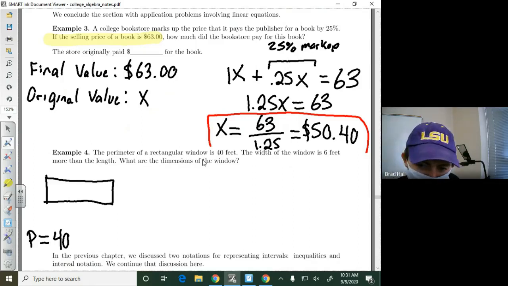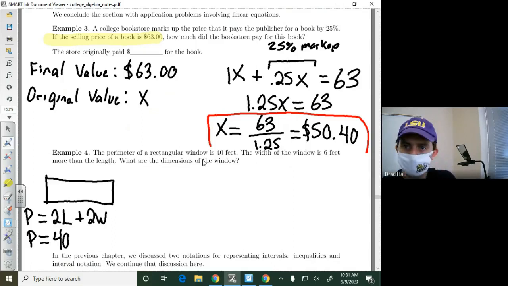So the perimeter in general is equal to 2L plus 2W. Because there's 2 widths, because it's a rectangle, the width is going to be the same. So there's 2 widths, 2 lengths, you add all those together, and this is the formula for the perimeter.